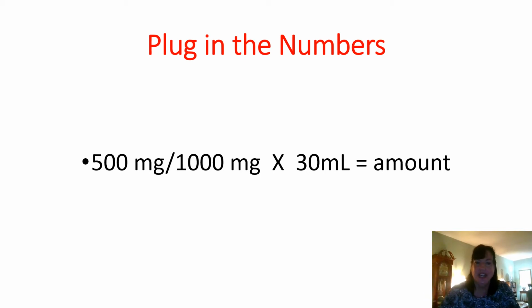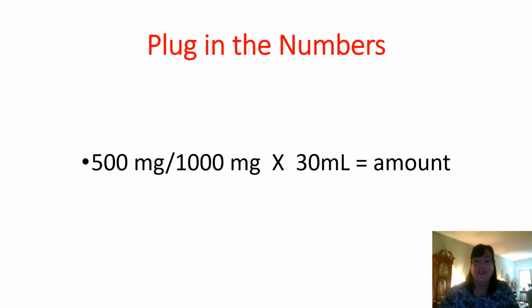Do you notice what I did here? I kept the units of measure in milligrams. I chose to use milligrams, but I just as easily could have chosen to use grams. So what we know already is that 1,000 milligrams equals 1 gram.